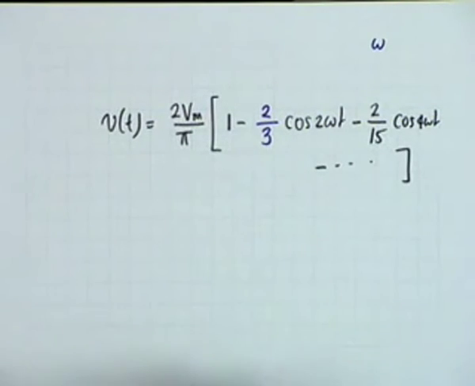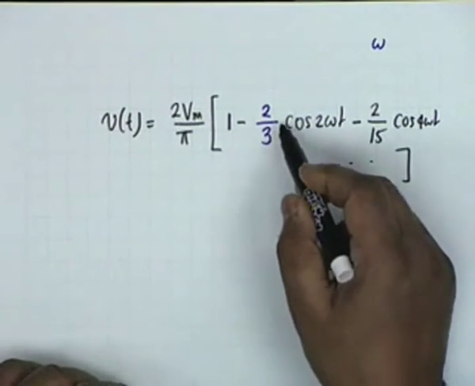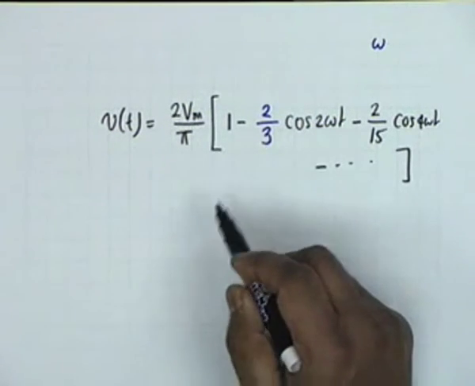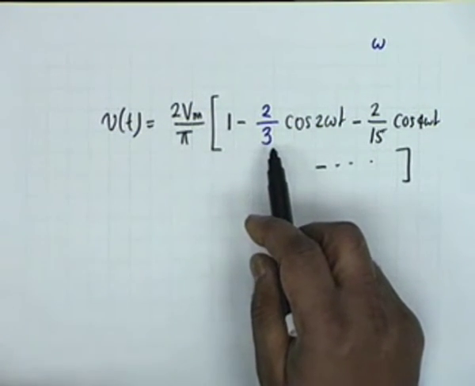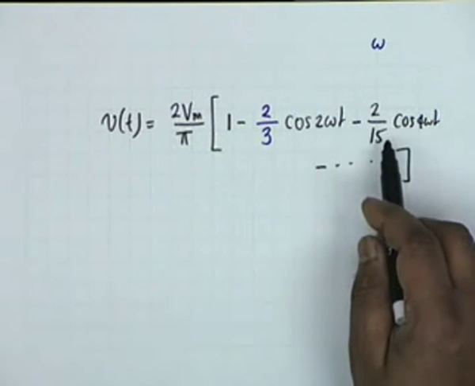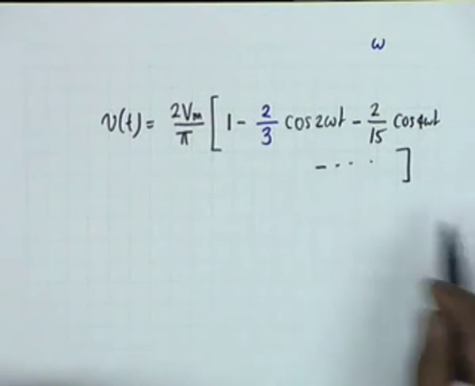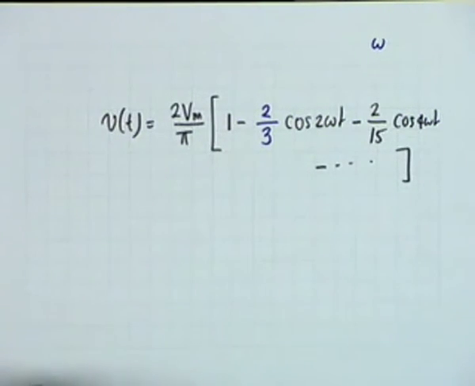The number of frequencies in theory is infinitely large. However, the amplitude of these components, the second harmonic is 2/3, the fourth harmonic is 2 by 15, and it diminishes as the order of the harmonic increases.